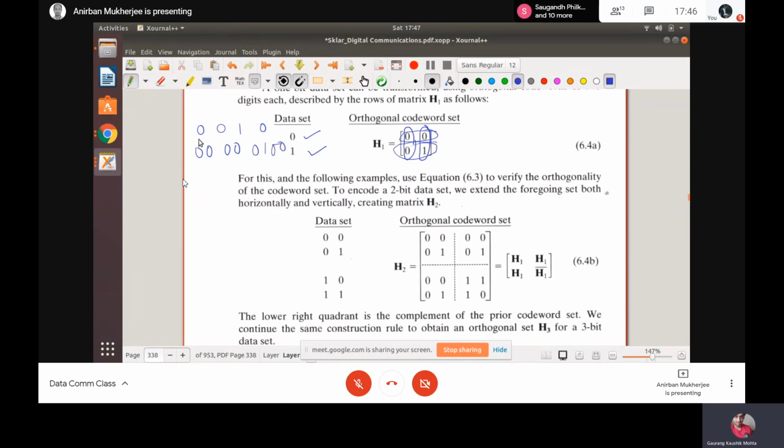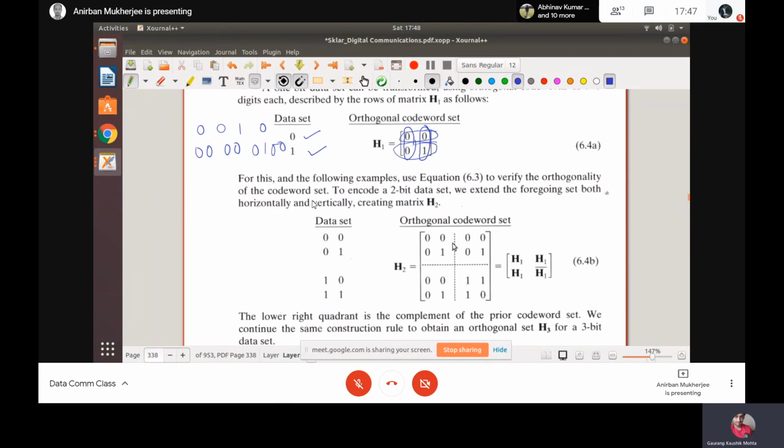That means instead of 4 message bits, I am making 8 channel bits. Similarly, for 2 bits, I have 0, 0, 0, 1, 1, 0, 1, 1.